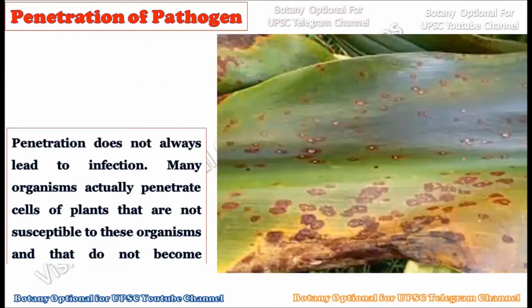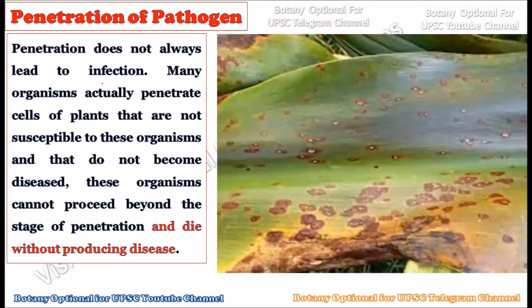Now consider, the penetration does not always lead to infection. This is very, very important: if penetration has occurred, it will not always result in disease formation or infection. Many organisms actually penetrate the cells of plants that are not susceptible to them, and those plants do not become diseased. The pathogens enter the plant body, but they simply do not cause any disease, because these plants are not susceptible to that particular pathogen.